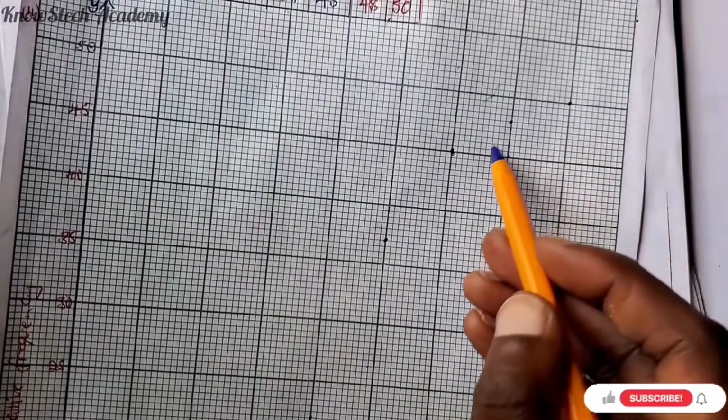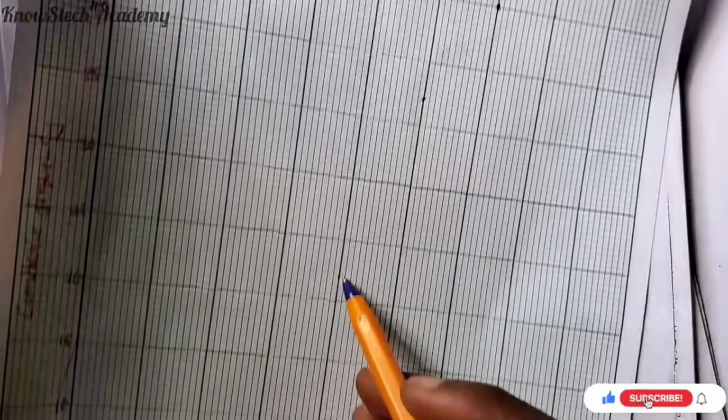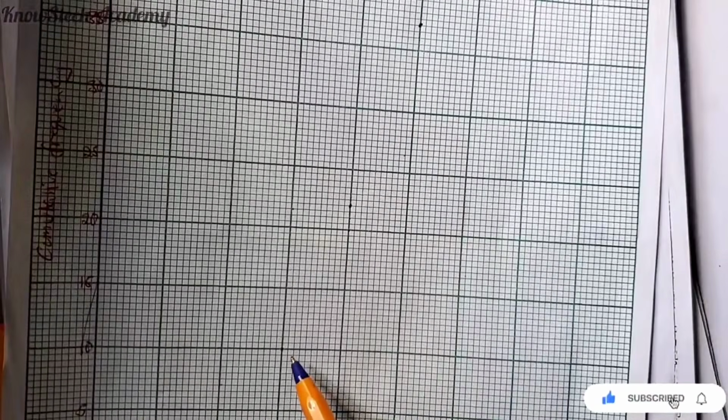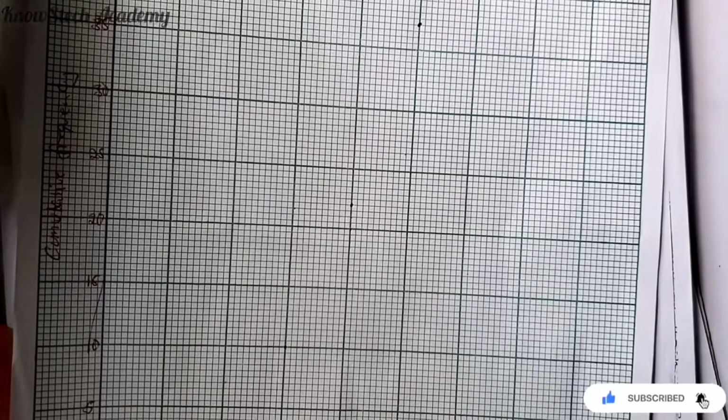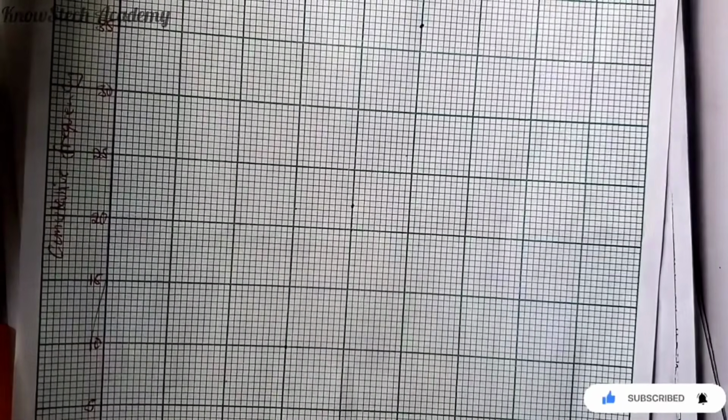From this point up to 10 here, let's draw a smooth curve. Remember to use a pencil. Everything I'm doing on the graph paper should be done using a pencil.